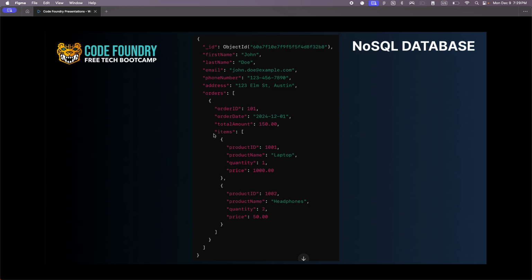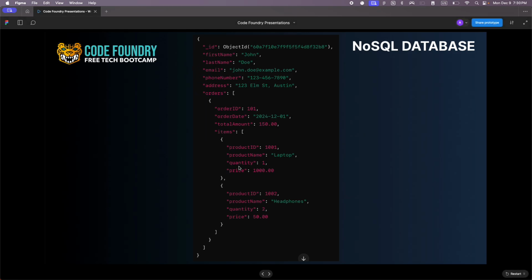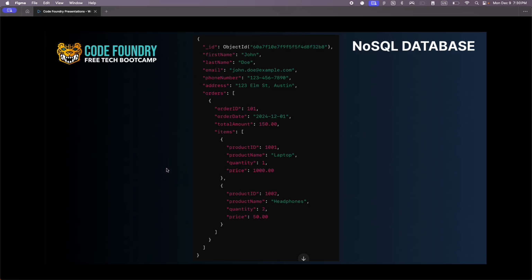And not just that, but we also have nested in here items data, and we have all of our items that the customer ordered, which is great because we can create an unstructured approach to how we store this data, because you can now nest as many of these different products in this items. You can store as many orders as you'd like in the orders field. And so it gives us a lot more of a flexible approach to storing data.